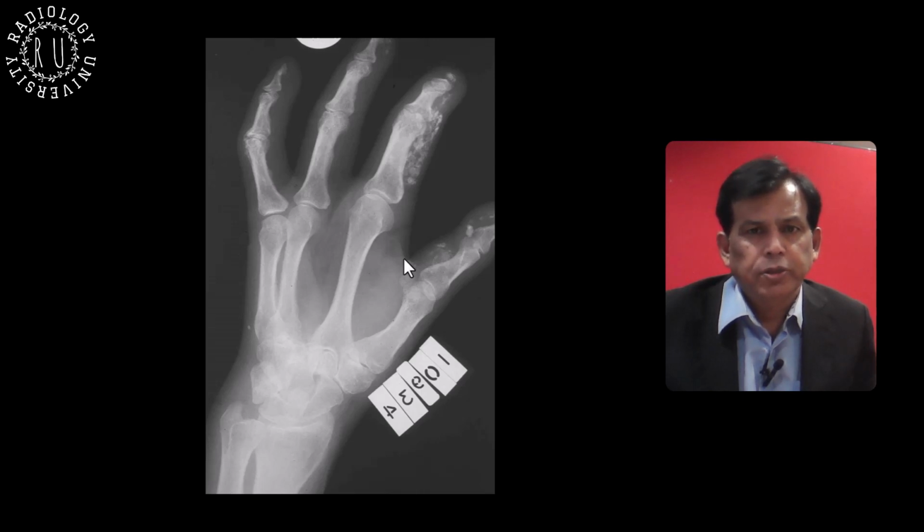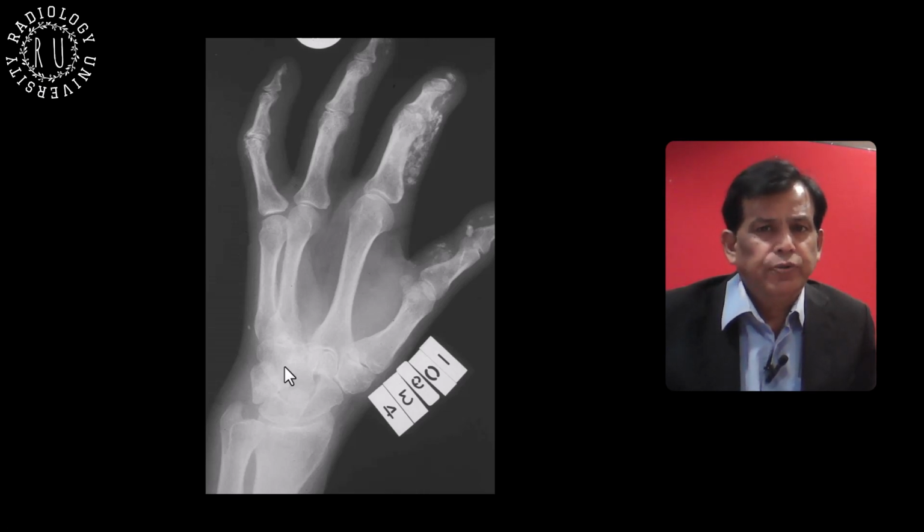What are the joint spaces here? The metacarpophalangeal joints appear normal. IP joints in the third, fourth and fifth digits appear normal, and carpometacarpal joints are normal. And the bone density, what do you think? Bone density is normal.